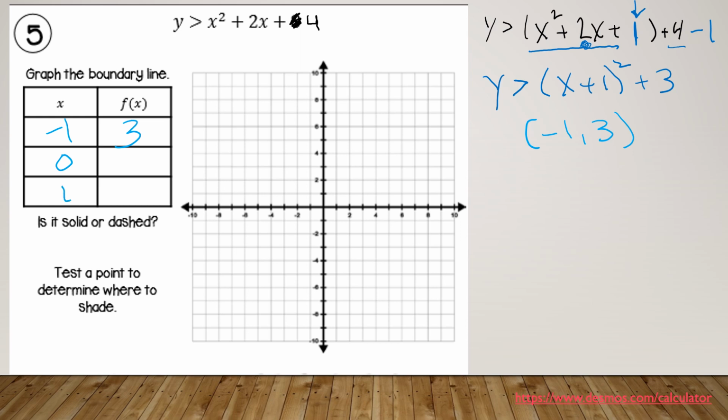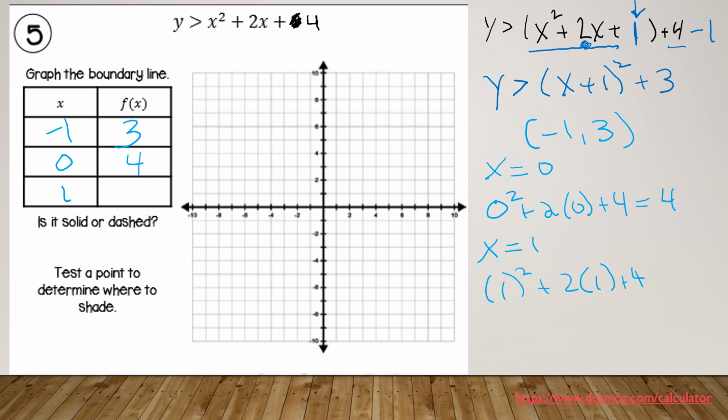If we plug in 0, we get 0 squared plus 2 times 0 plus 4, which will give us a value of 4. Now if we plug in 1, we'll have 1 squared plus 2 times 1 plus 4, which gives us a value of 7.